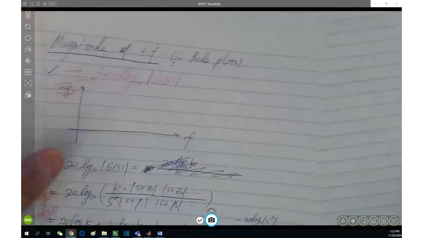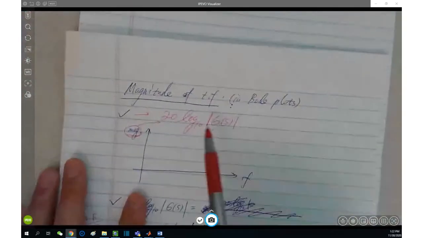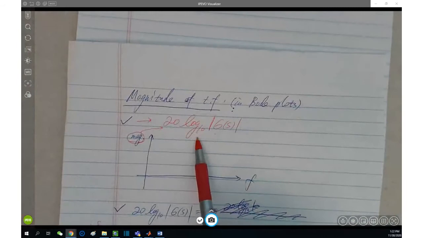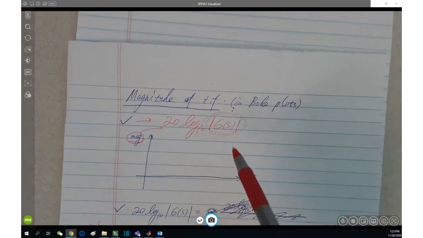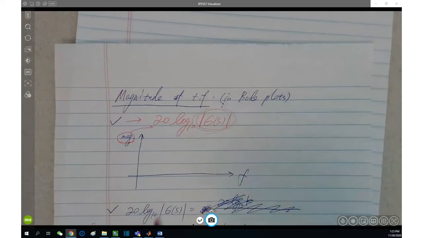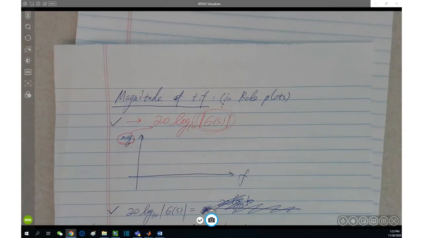Now, once again, don't forget this new thing in red color. The magnitude used in the Bode plot, when you read the value, is a log value. It's a 20 log value. If you want to go back to the real magnitude of the transfer function, you need to do what? Inverse log. There's some algebra involved, and maybe you will see an example for this.